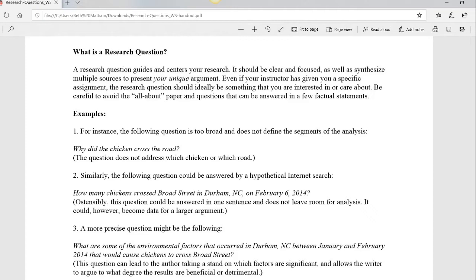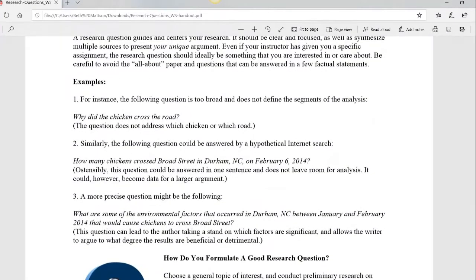But here we go. For instance, the following question is too broad and does not define the segments of the analysis. Why did the chicken cross the road? The question does not address which chicken or which road. It also doesn't address a lot more than that, but I'm going to try not to get stuck nitpicking a chicken crossing the road example.